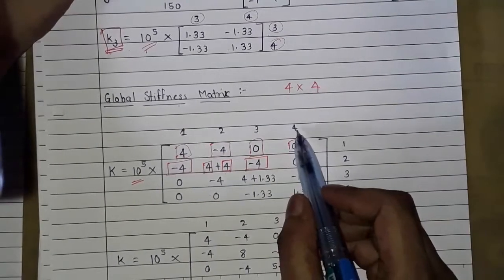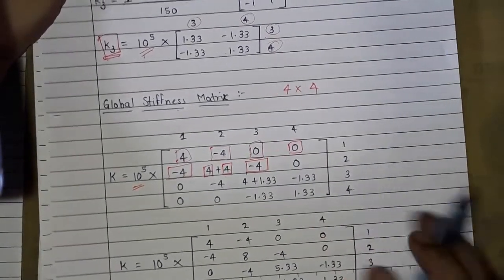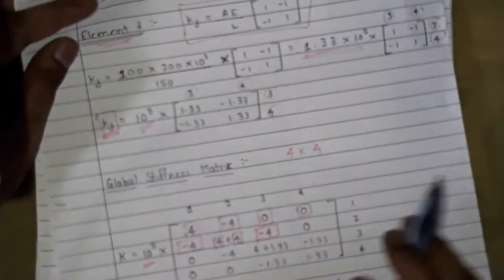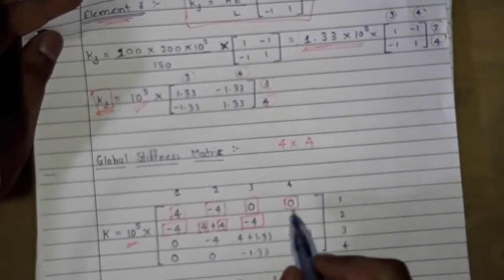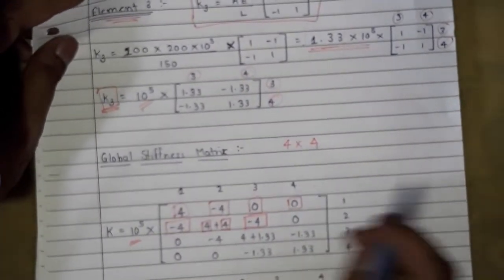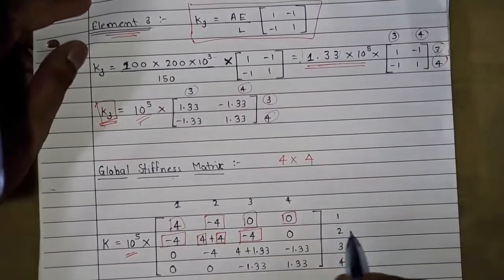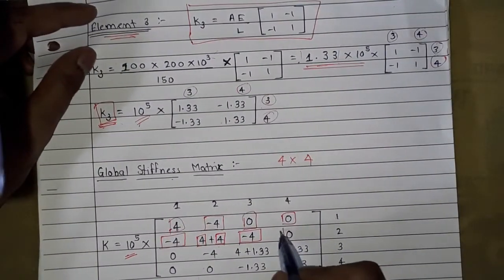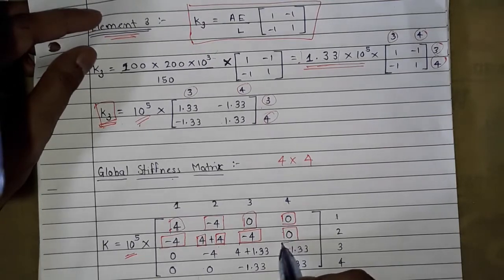Now for fourth column and second row, friends, there is no fourth column and second row in any matrix, so the value will be 0.